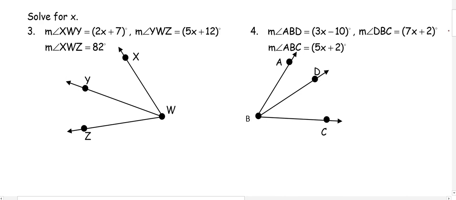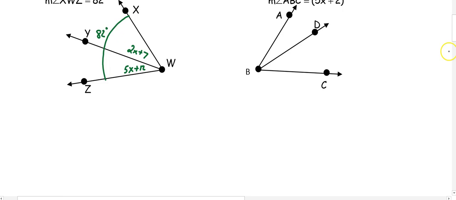Same idea here in these two problems, we just are including more variables now. So angle XWY is 2x plus 7. YWZ is 5x plus 12. And our entire angle XWZ is 82 degrees. So to solve for x, it's the same way we've been doing.